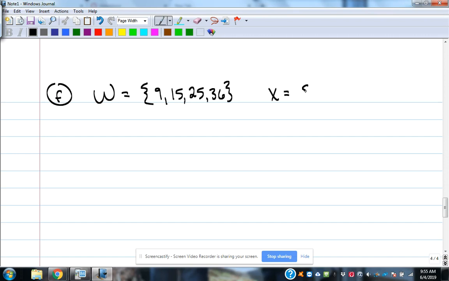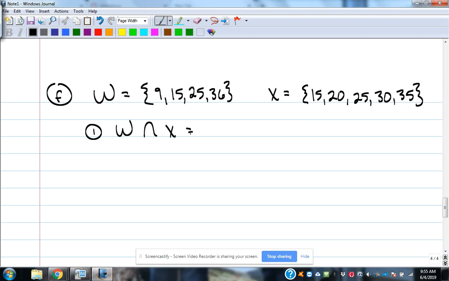X: 15, 20, 25, 30, 35. First question is the intersection of W and X. 25 is in there. Is there anything else? 15 is in there as well. So we're going with 15 and 25.